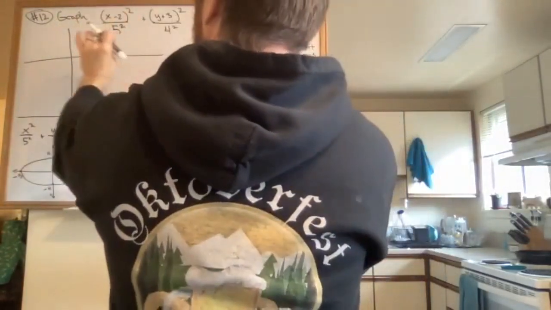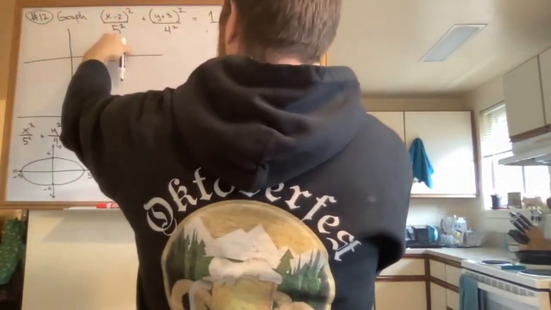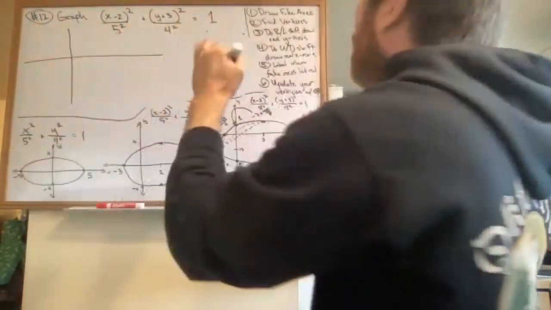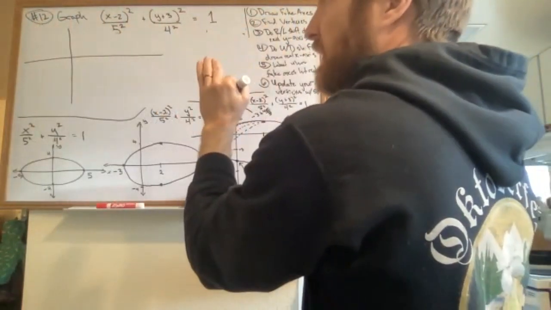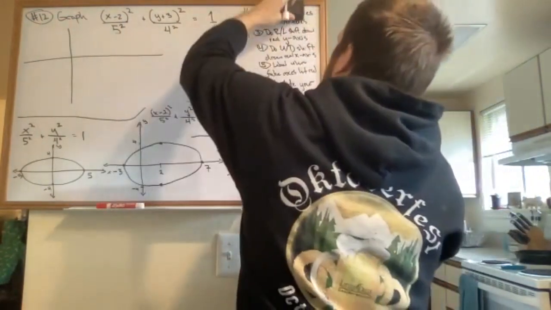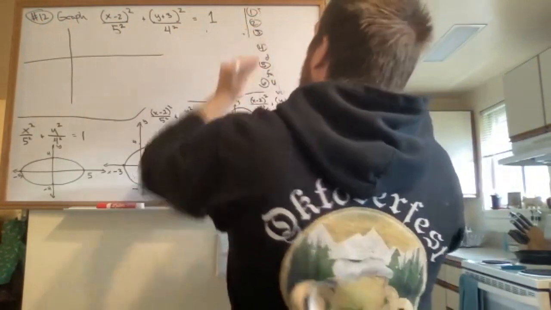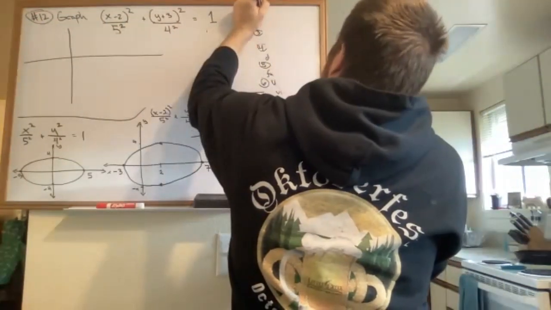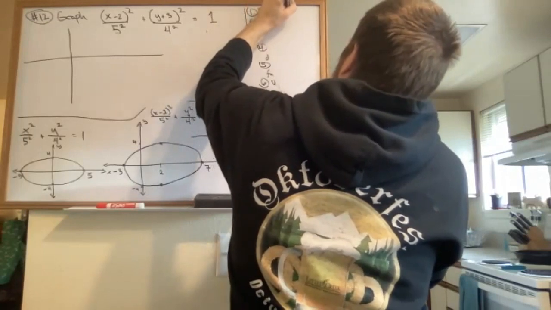I kind of want the center of my picture to be over in this direction, since we're going 2 units that way and 3 units that way. And so then I could go ahead and just mark where the new center is going to be. So step 1 would be draw actual axes.